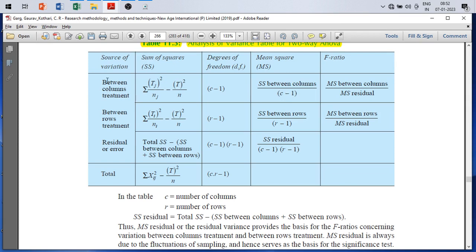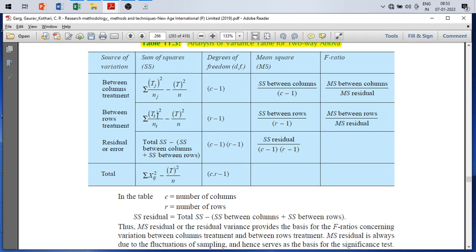Okay, that is one source of variation, between columns. Other will be between rows. Okay, now again the same thing, but now see this summation is for the row, like this Ti square over Ni. So this is total for row number 1, square of that divided by number of items in row number 1, plus do the same thing for row number 2, for row number 3, like that.